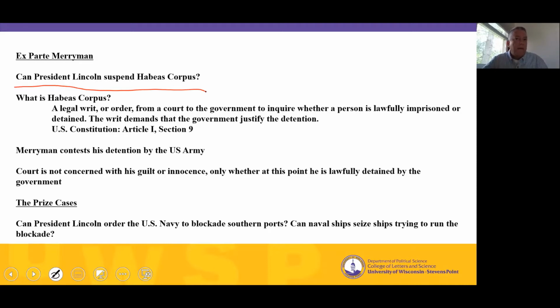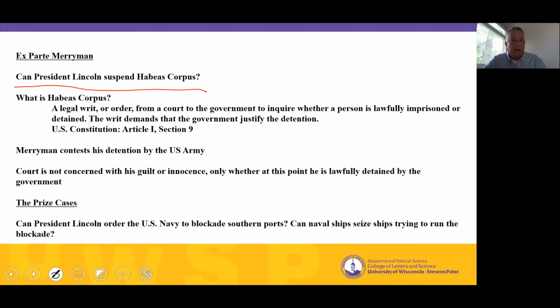And the way the common law writ worked is if a judge granted the writ of habeas corpus, the government had to bring the person into the courtroom and justify to the judge why the person was being deprived of his or her liberty. Now, the government might have a perfectly valid reason to detain someone.